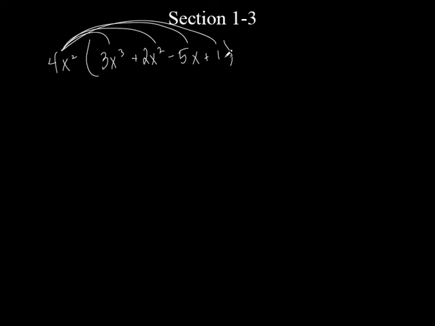I kind of doubt they'll give you too many where you actually can add some like terms in there. They're probably just concerned about the multiplication. But you always need to look to see if you can simplify the stuff in the parentheses first before you do the multiplication. It's order of operations, isn't it? Please excuse my dear Aunt Sally, you do parentheses first. So first thing I do is I say, is there anything that I can simplify in the parentheses? No, there's not. Not on this particular problem, right?